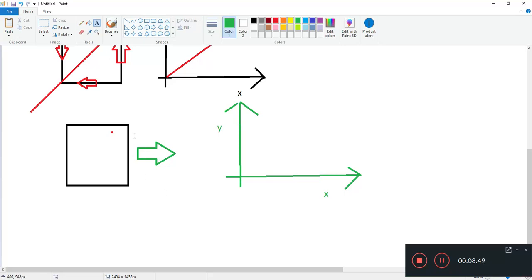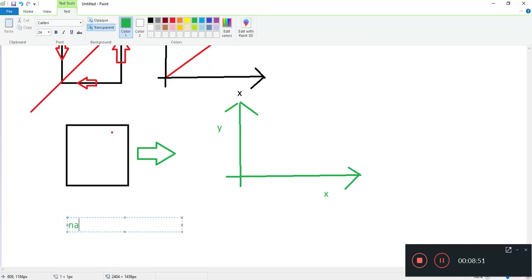Okay, so we have to name planes first. We have to look at which direction it is perpendicular to. That will determine the name.